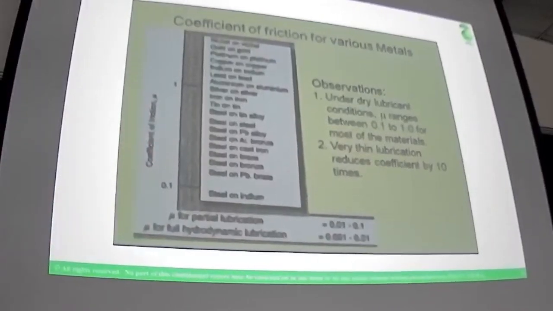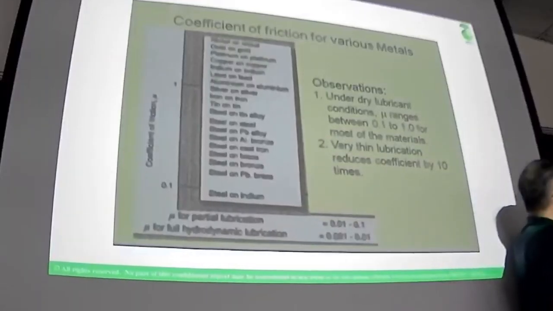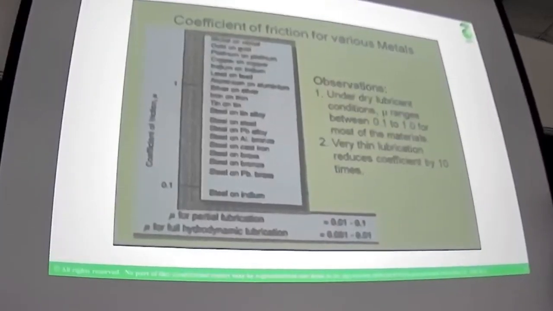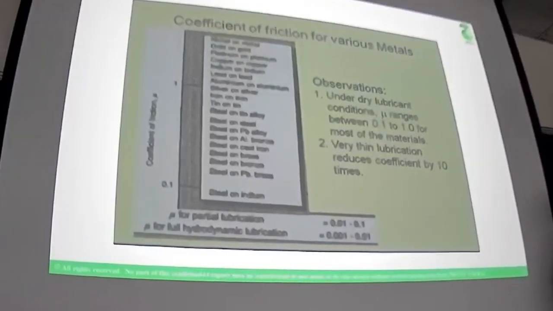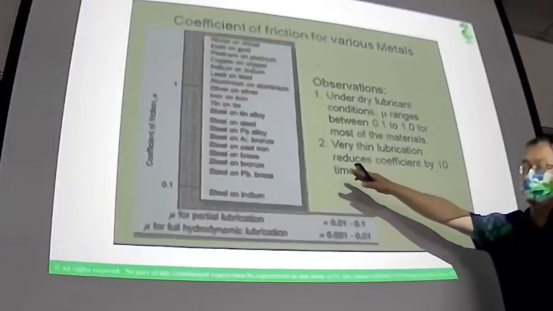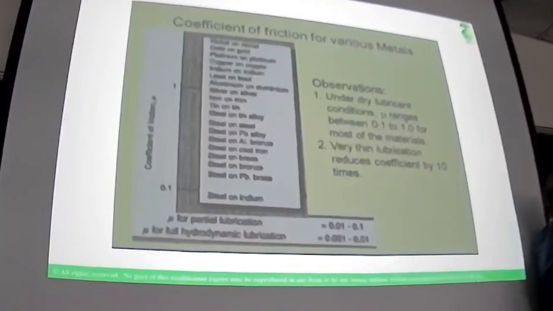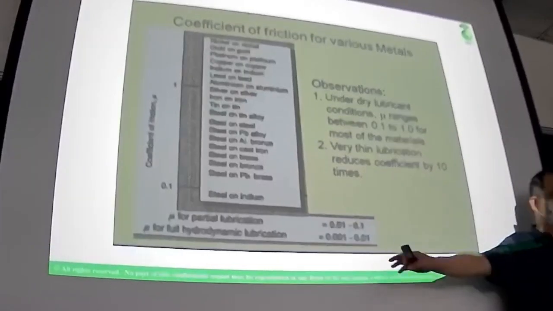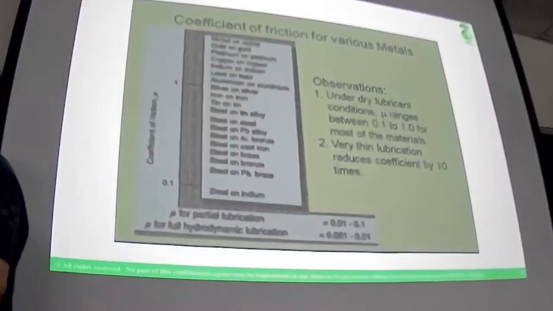This is the reason: for similar materials, metal in contact with itself, you will have adhesive friction, so you tend to have a very high coefficient of friction. If you are contacting a different material, the adhesive friction does not exist, so you have a smaller coefficient of friction.